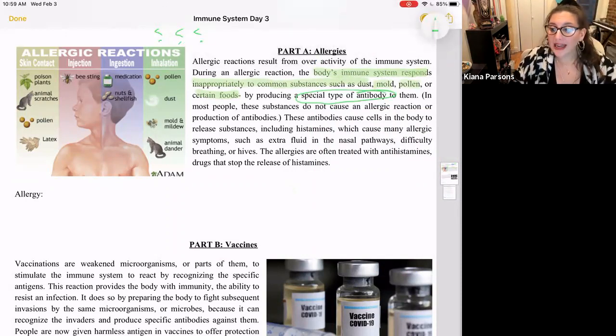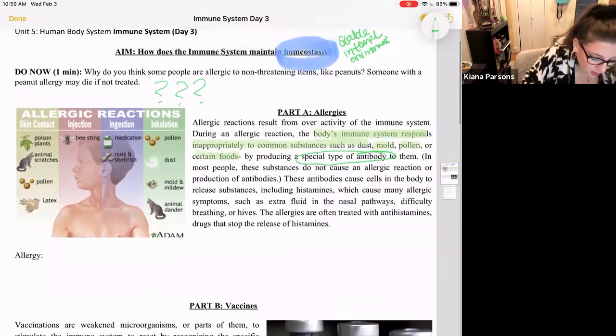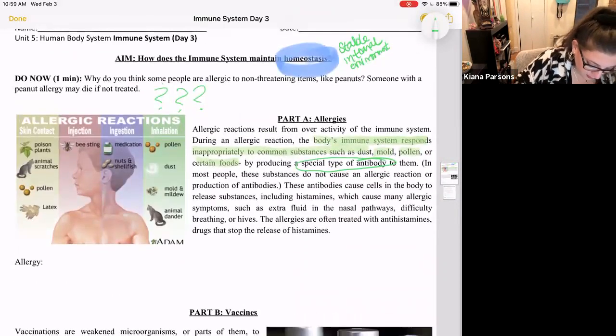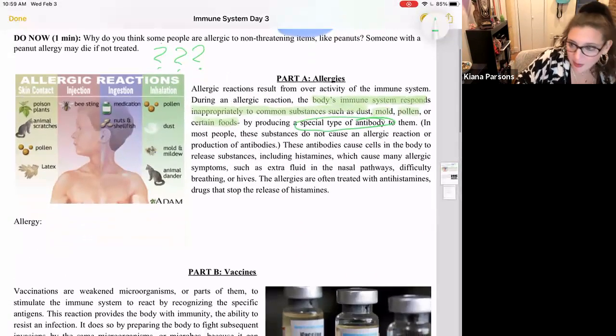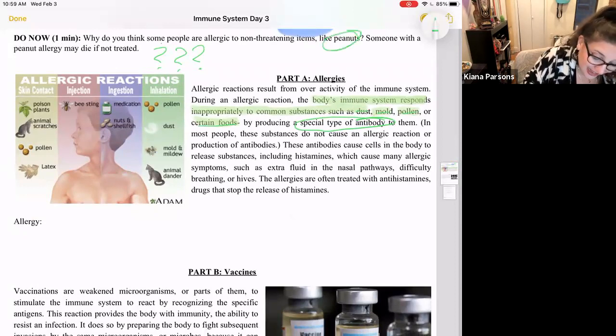So what do we know about antibodies? Well, antibodies are produced in response to pathogens. So our immune system is producing an antibody that is attacking these common substances, such as dust, mold, pollen, or certain foods like peanuts, as if they were a pathogen.